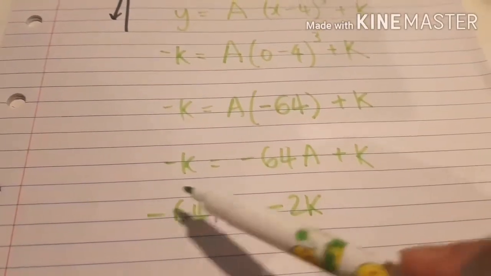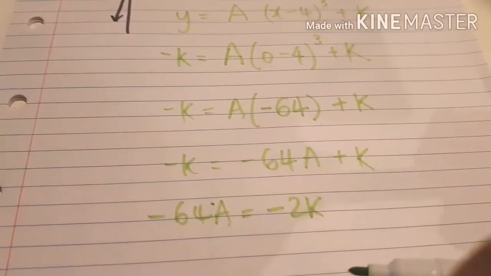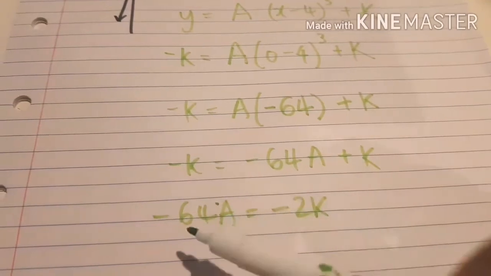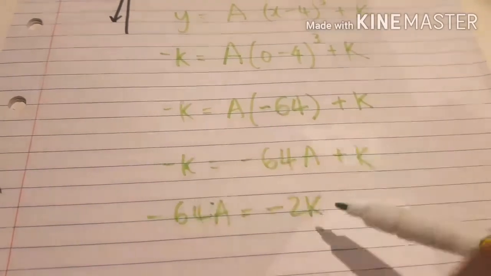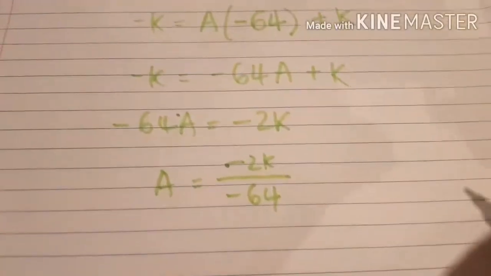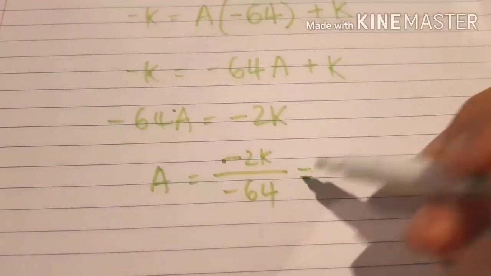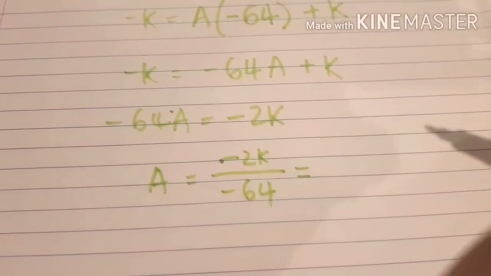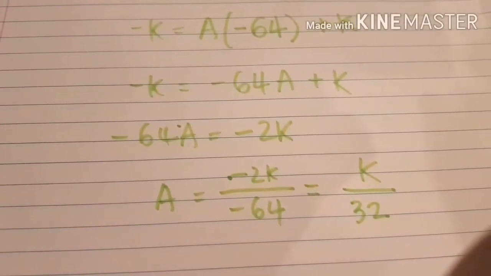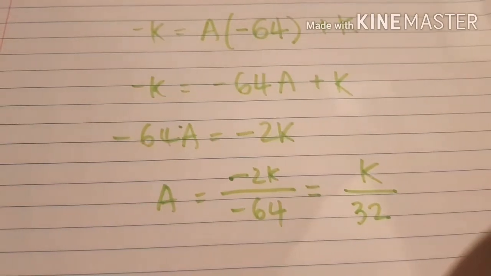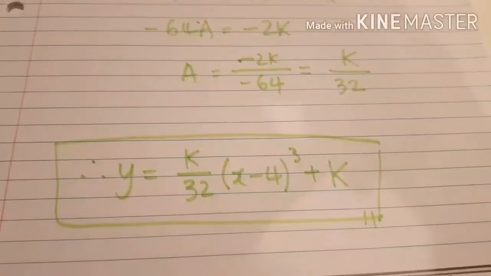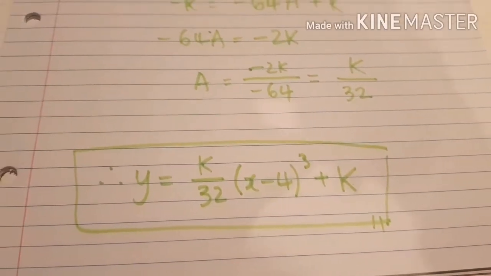And it's -64 times A, so I'm going to send -64 to the other side. Multiplication will change to division, so just like this. You can simplify this. Negative will be +2, and 64, there you go, that's going to be your A value, K over 32. So I'm going to put that in the equation. That will be my final solution.